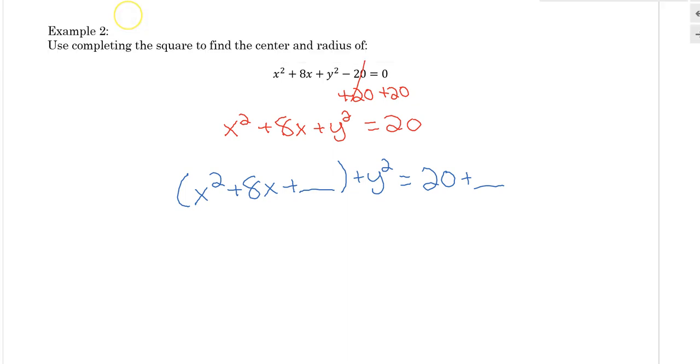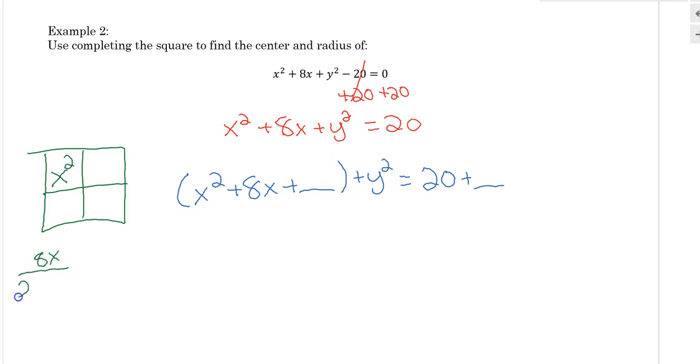Step 3, fill in the blanks using completing the square. Draw our square. I know x squared goes here. 8x has to be divided between 2 boxes. 8x divided by 2 is 4x. So 4x and 4x.